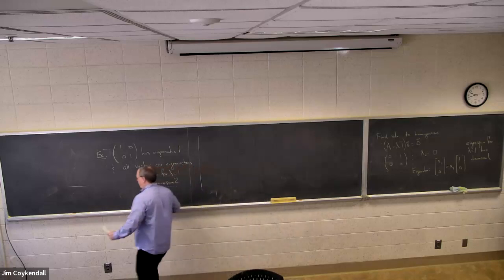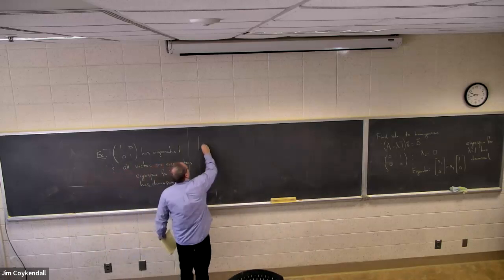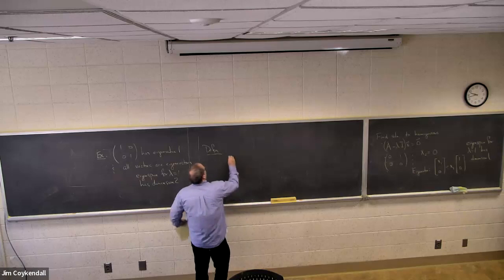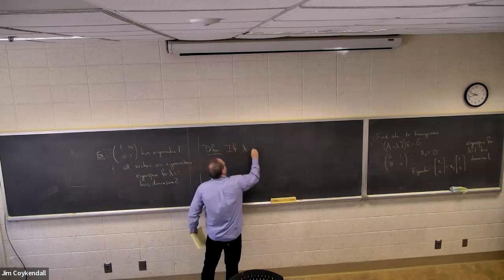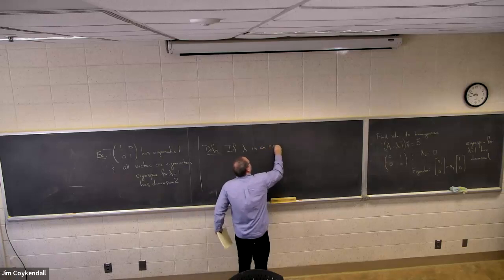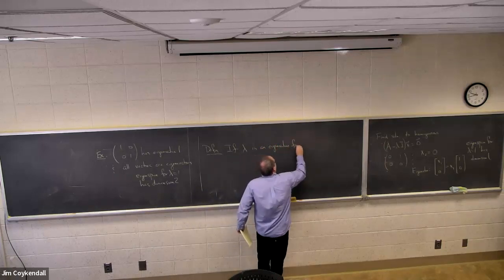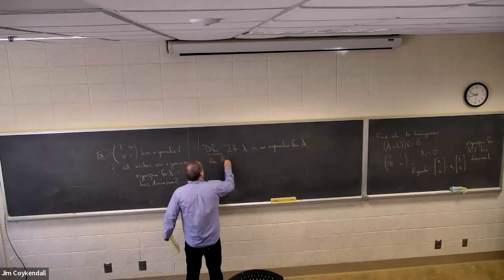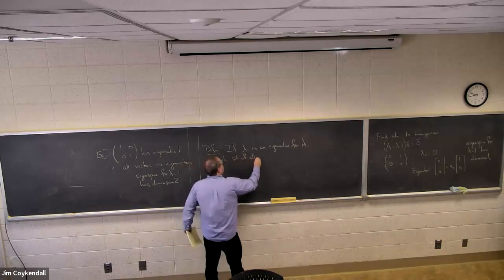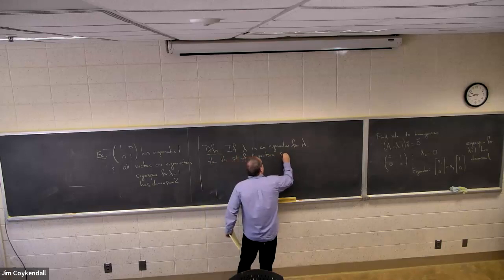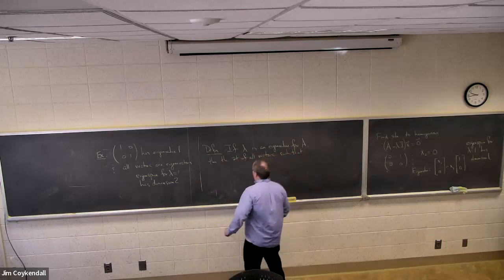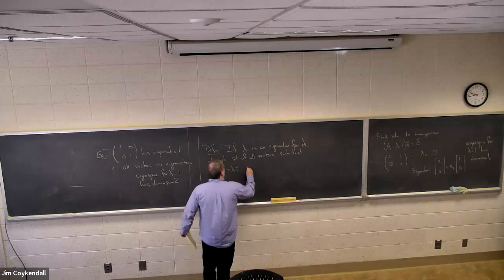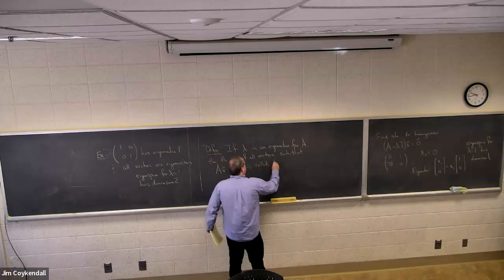Definition: if lambda is an eigenvalue for A, then the set of all vectors such that Ax equals lambda x is called the eigenspace.